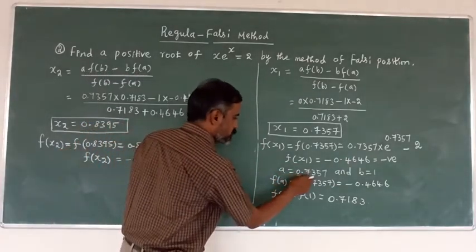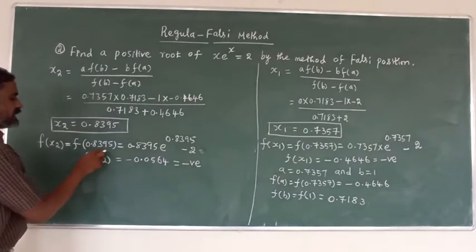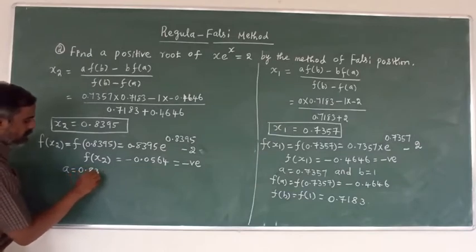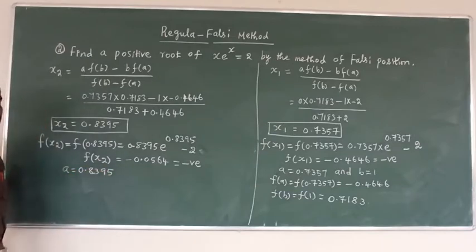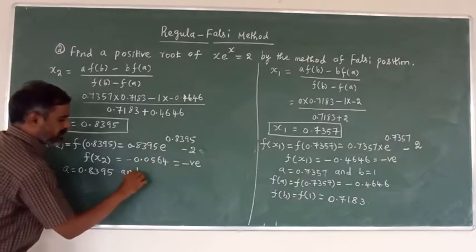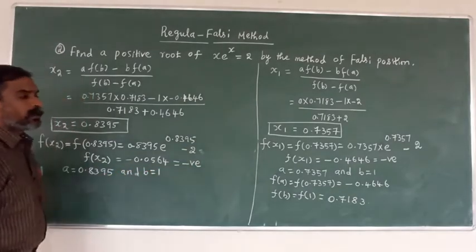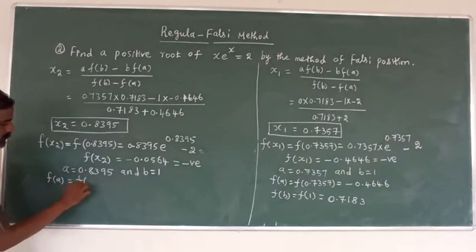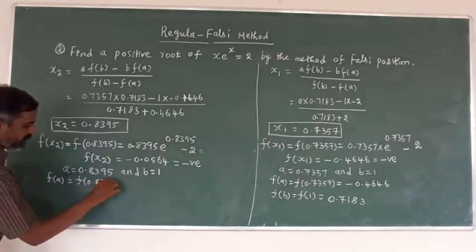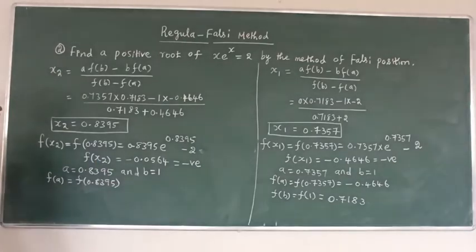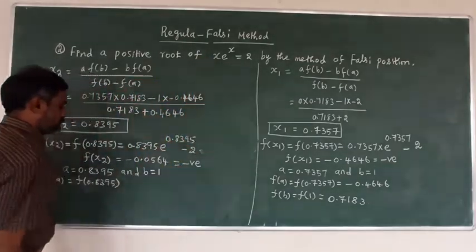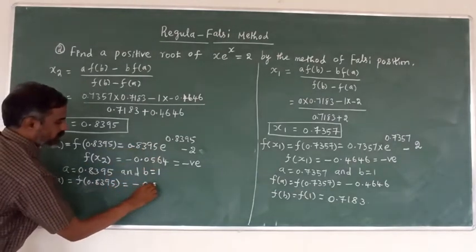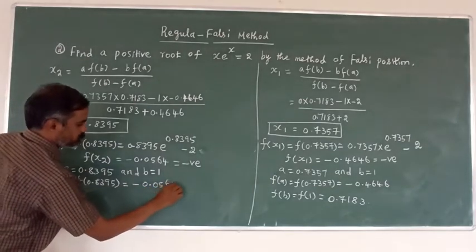Now this a value is replaced by the x2 value. Now a = 0.8395, the negative value, and b = 1, the positive value. Next, f(a) is f(0.8395) in f(x), and we already got the result -0.0564.